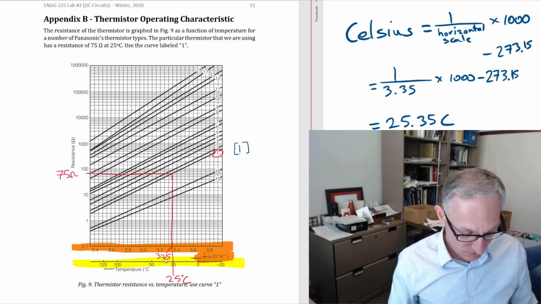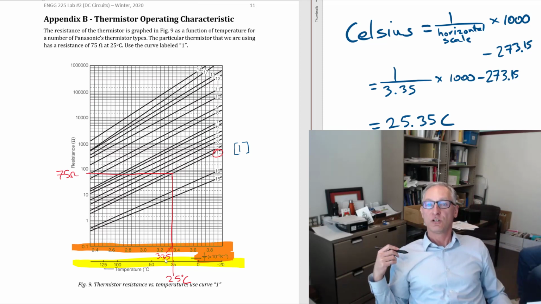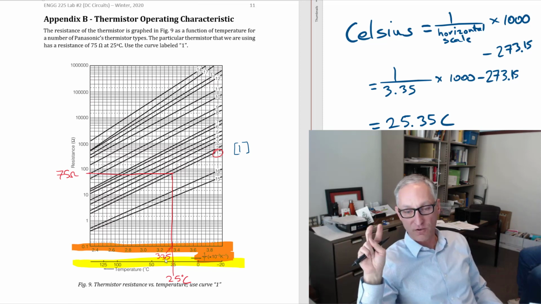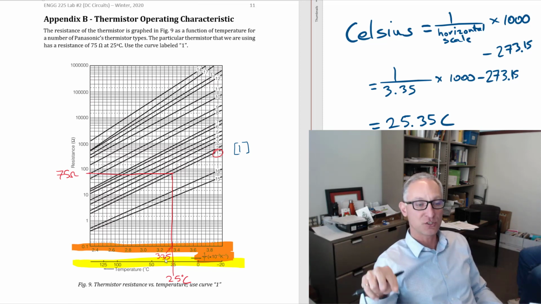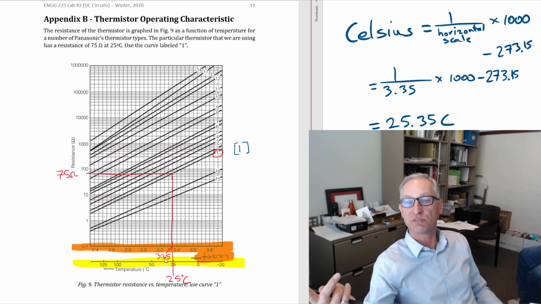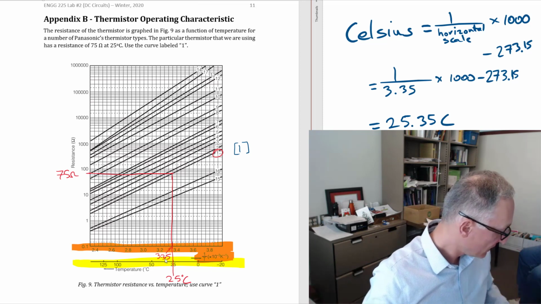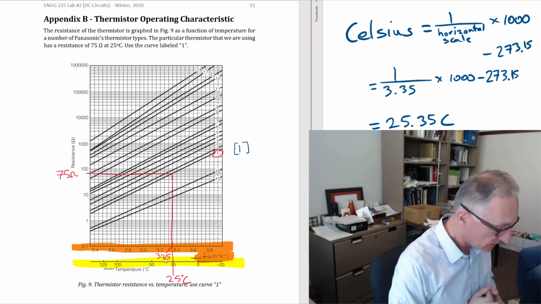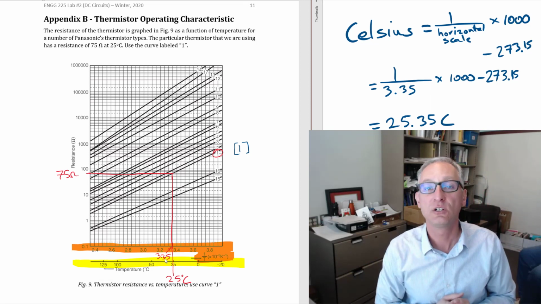So if I were to measure 75 ohms with my voltage measurement and my calculation, I'll get 25 degrees as a result. Now let's take a look at how to construct these circuits.